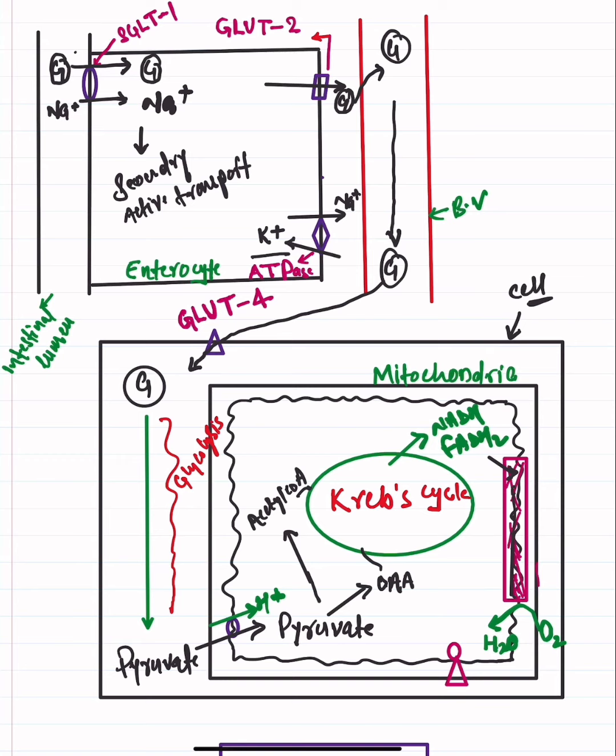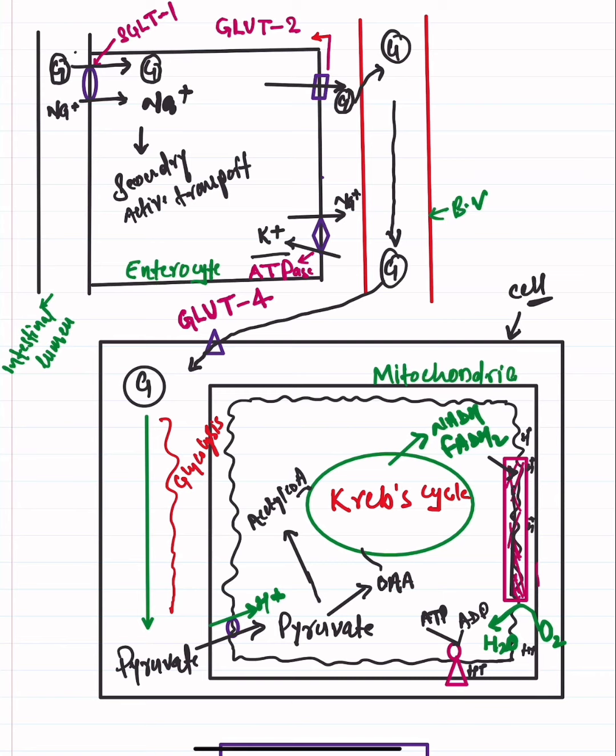And the protons which come in this lumen will move through this F0 F1, which will change ADP to ATP. So finally we will get ATP from ADP at the end of this whole pathway.